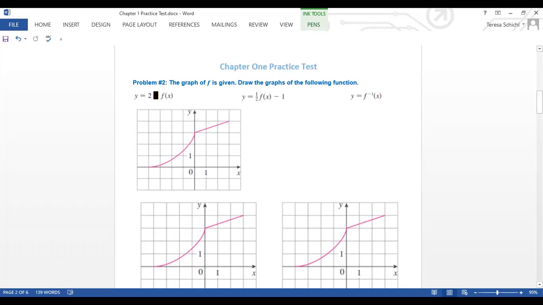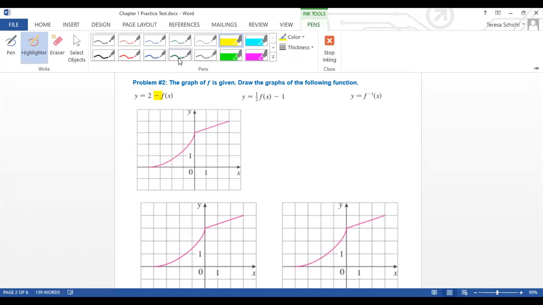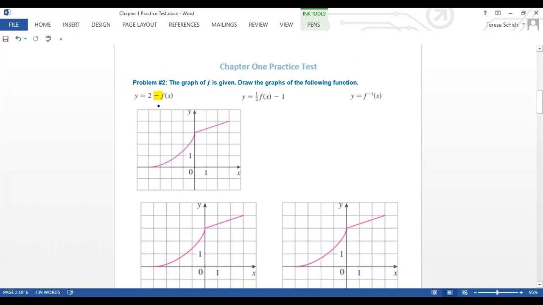For the first transformation, if you have a negative sign in front of your function, do you remember what type of transformation this is? This is a reflection over the x-axis, right?